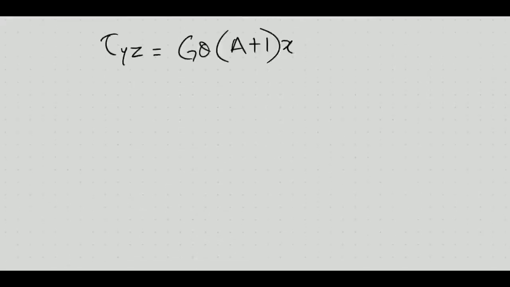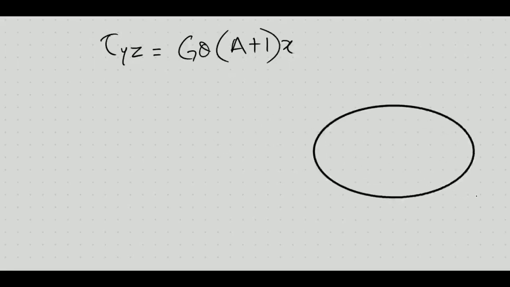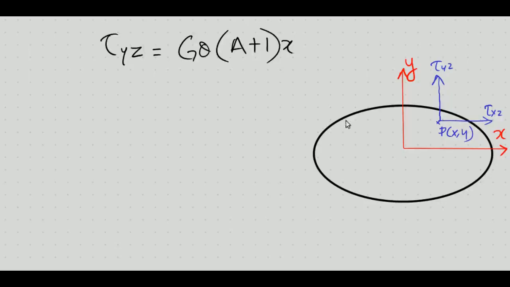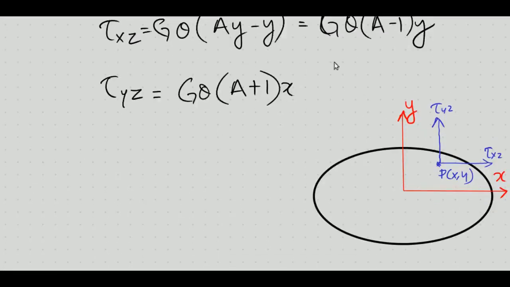So here, if we take any point P of x, y in the ellipse, in the area of cross section, we have the shear stress tau xz equal to g theta into a minus 1 into y, which is directed in the x direction, and tau yz equal to g theta into a plus 1 into x, which is directed in the y direction.